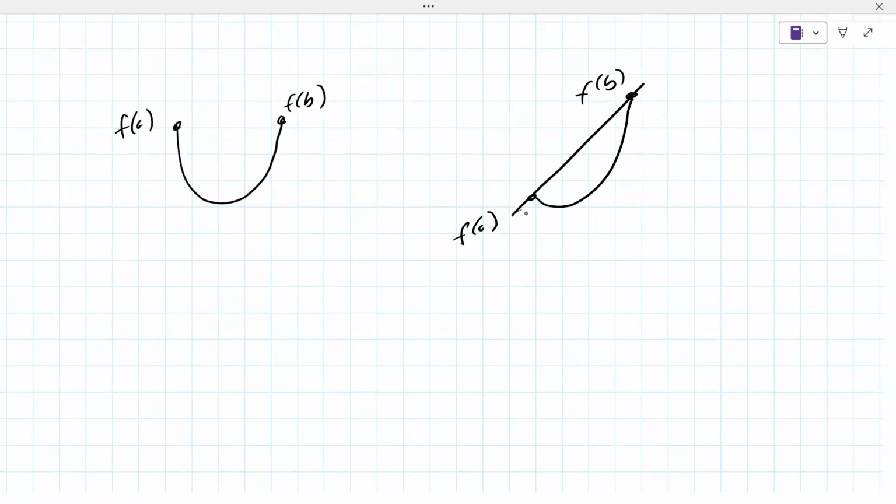The secant line is parallel to the tangent line. There's always a c in the interval. So this is Rolle's, and this is the mean value theorem. Okay.